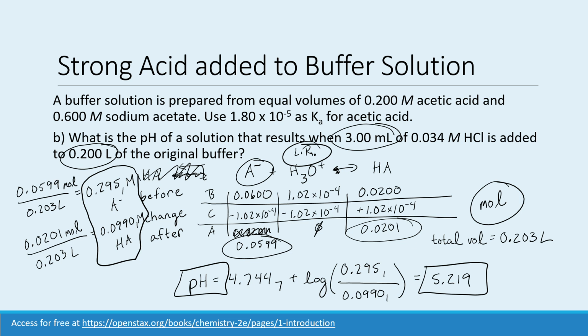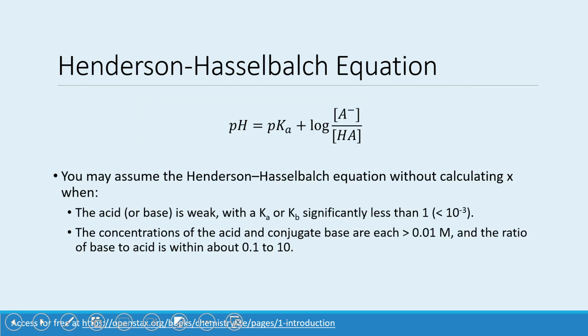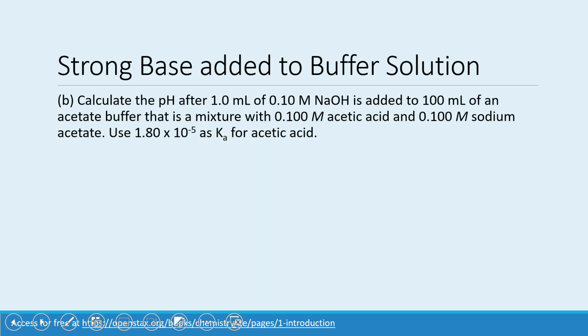But because of the buffer, because of that hydronium ion reacting with the conjugate base, our pH only went originally from 5.222 down to 5.219. All right, so you're talking about a 1,000th of a place of a pH. So most pH meters wouldn't even recognize that change. So that is how a buffer will resist the change in pH from a strong acid.